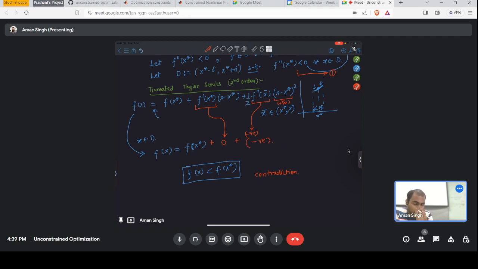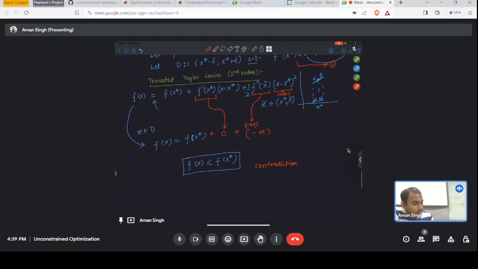So again we have proven that if f double dash x star is less than 0, then x star is not a local minima.